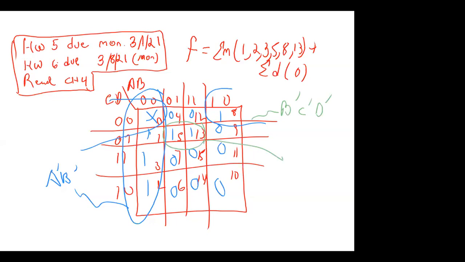B, C prime, D. There you go. And that's it. That's how you do it. Now, who got a little bit lost on this one? Do you still want me to do question 17? Yes, please. Okay, we will do that next.